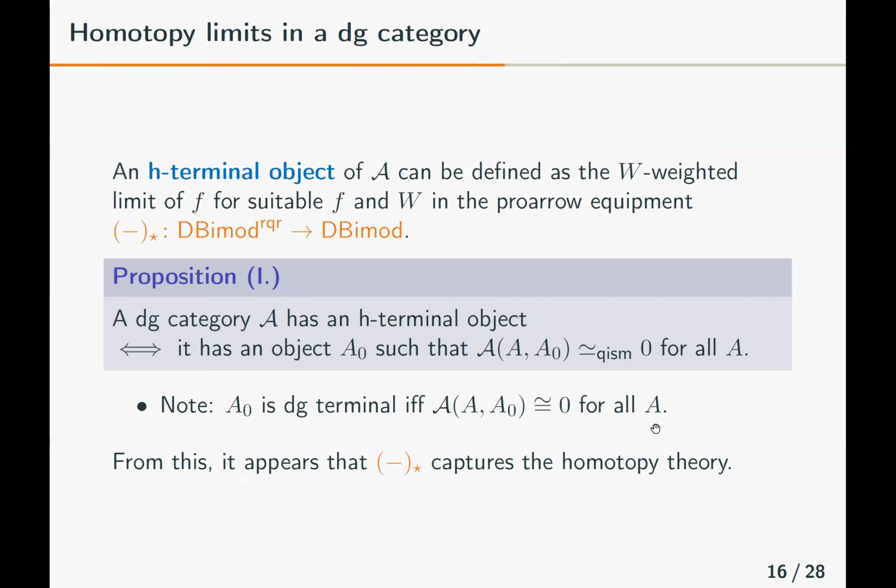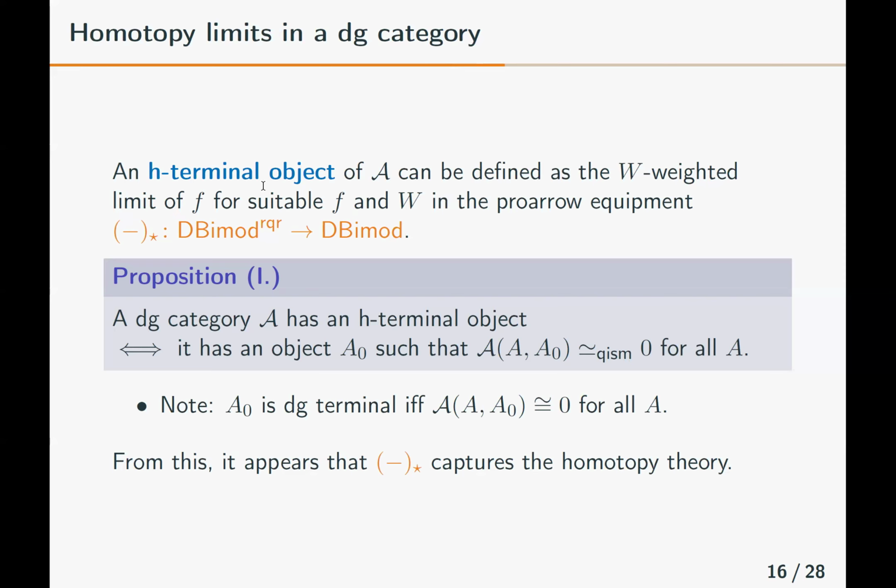Using the pro-arrow equipment, we can define a notion of homotopy terminal object, or h-terminal object. Formally, it is defined as a weighted limit for a suitable diagram and weight, in exactly the same way as before.